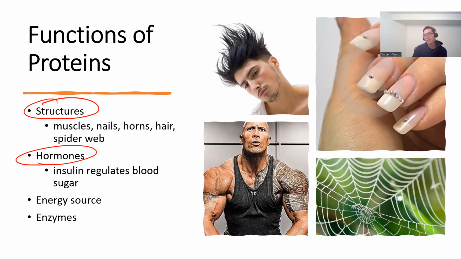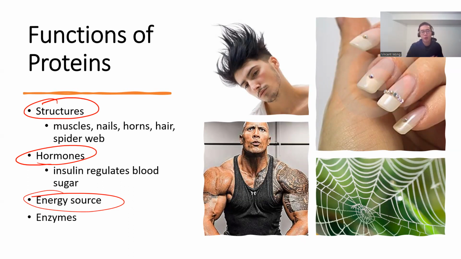Have you guys heard of insulin? What kind of disease requires you to take insulin? Diabetes. That's right, right? So type 1 diabetes requires insulin shots. Proteins are also an energy source, but not the preferred kind. You prefer to burn carbohydrates.